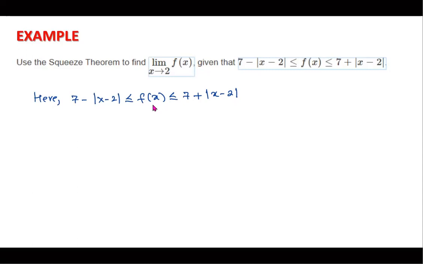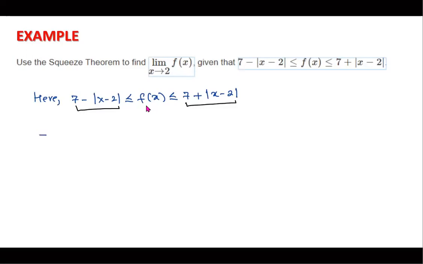That's why it is squeezed between those two. Now what we need to do is find the limit. So we take the limit for this function, which is below f of x, and also the limit for the function above f of x. Or in fact, we can take the limit for the function on the lower end, the function on the upper end, and the function in the middle. So I can rewrite it like this.